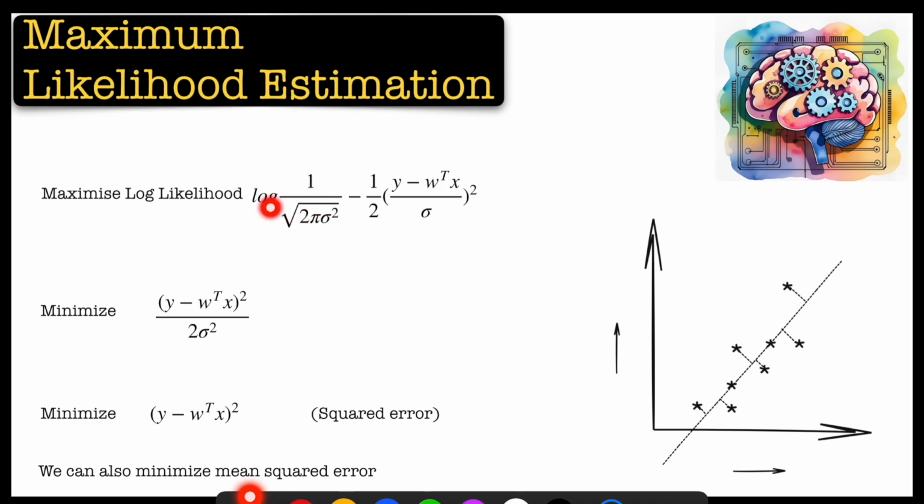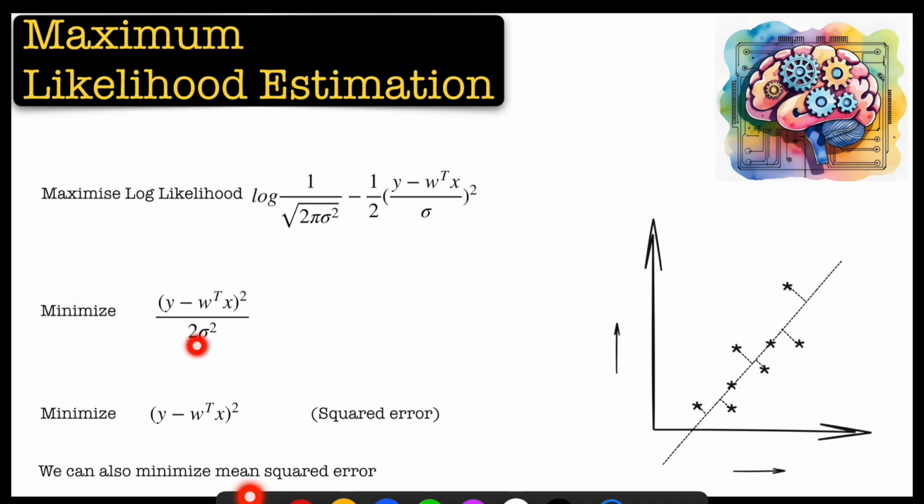We can just ignore this part and just maximize this minus half whole term. So we are maximizing this whole term, or we can just minimize half this term, that is, we are minimizing y minus w transpose x whole square divided by 2 sigma square. This is the thing we are minimizing.